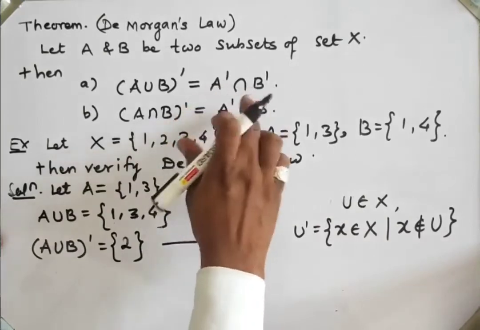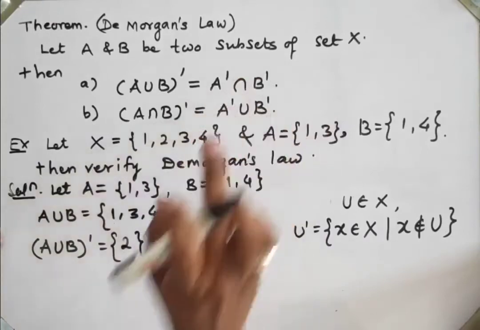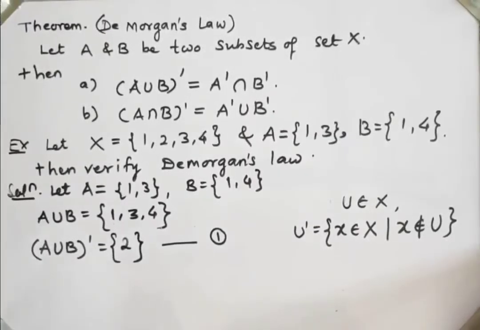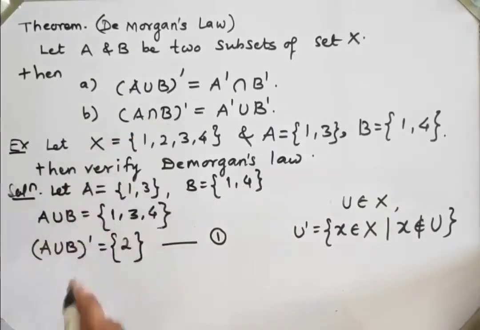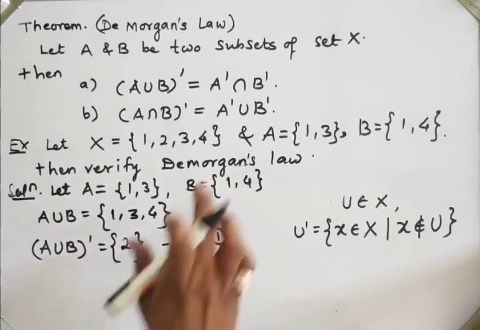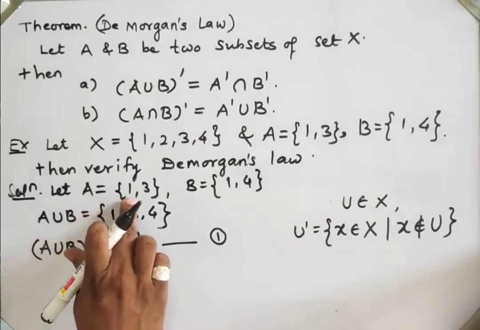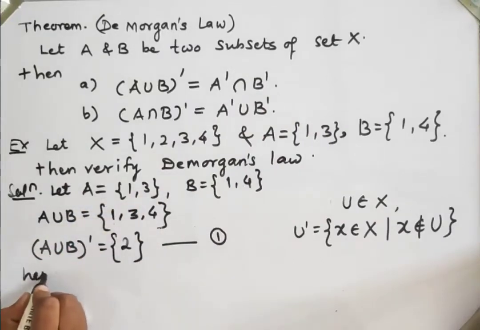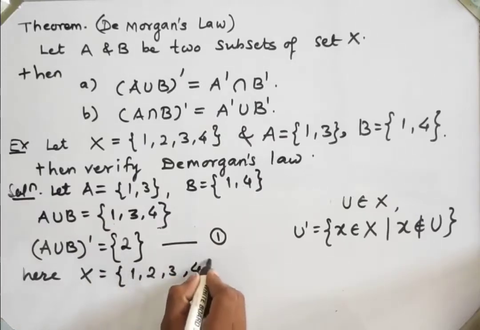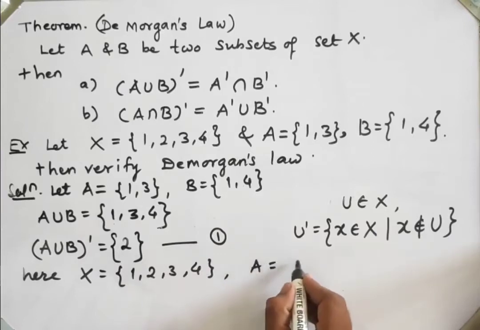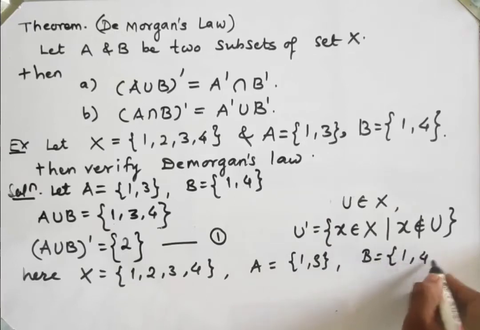Now we have to find A complement and B complement separately, and then find their intersection. Here X is {1, 2, 3, 4}, A is {1, 3} and B is {1, 4}.